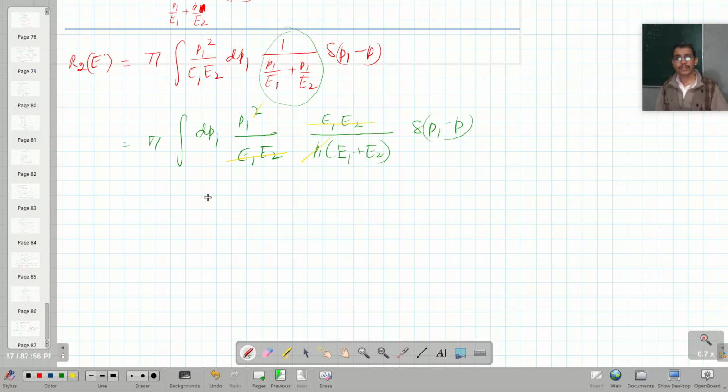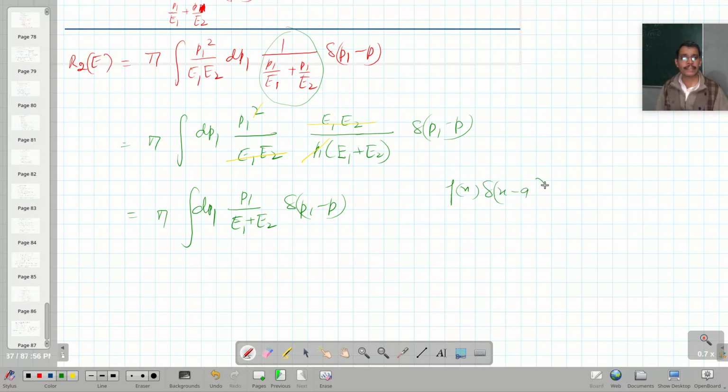Therefore this will be equal to pi integral dp1 p1 over e1 plus e2 delta of p1 minus p. But as we know, the integral of f(x) times delta of x minus a is equal to f(a).